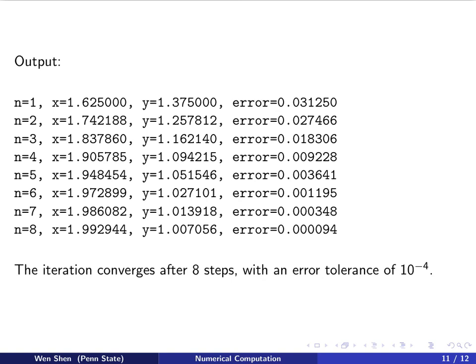Okay, so we see that when your G is a contractive mapping, when your initial guess is not far from the fixed point, then this converges. And it's not a very fast convergence, and in fact it's just a linear convergence.